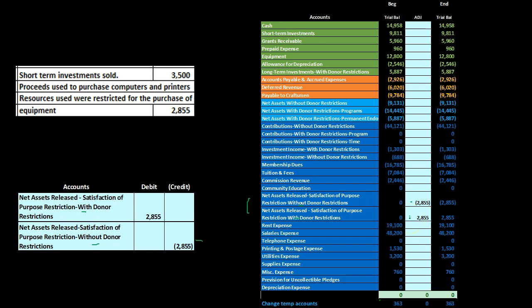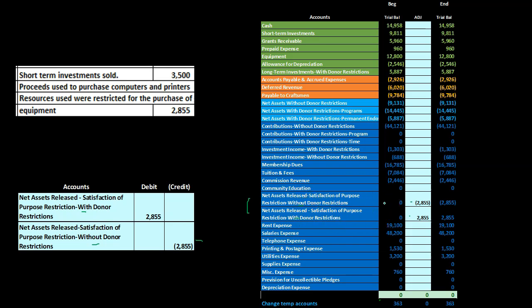The reason it looks a little bit funny here, it's a little bit difficult to think about when you have this kind of vertical setup in the trial balance, where we have to line up what is restricted and not restricted in the same column with just names to the accounts. This will make more sense. It'll look more logical when we get to the statement of activities, which is the statement similar to an income statement in a for-profit organization, which will have two columns breaking out the items that are without restriction and with restriction.